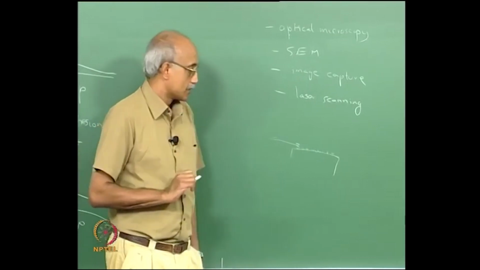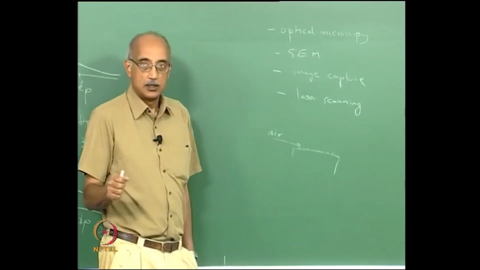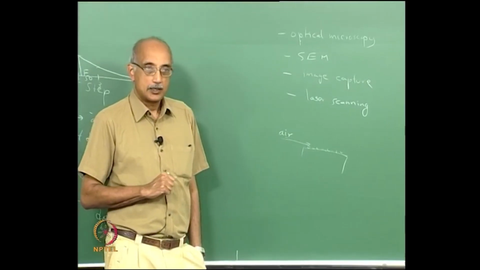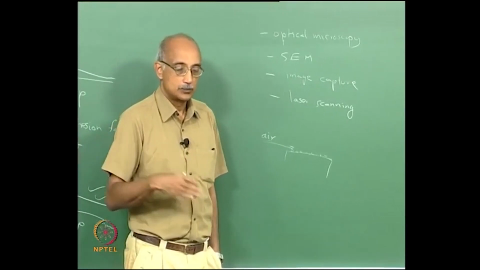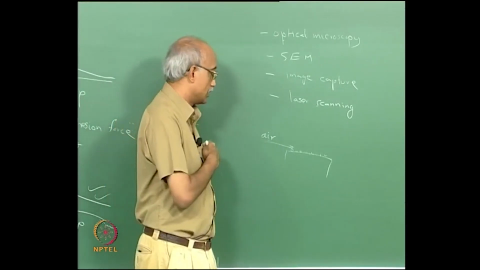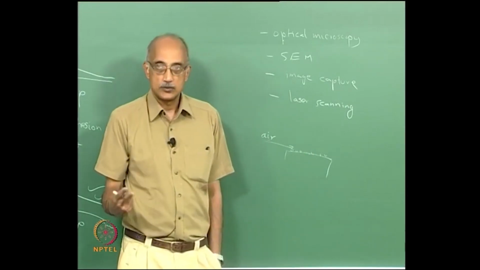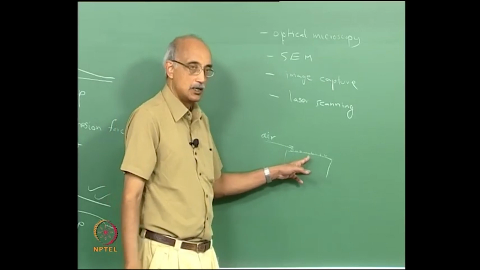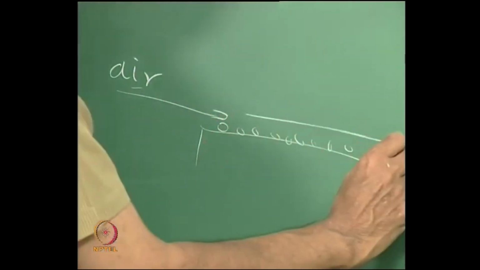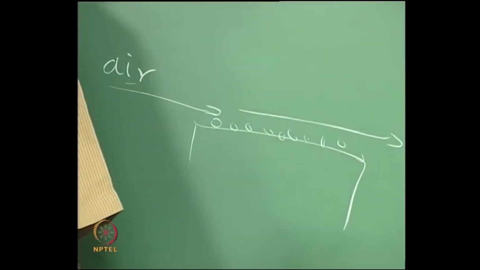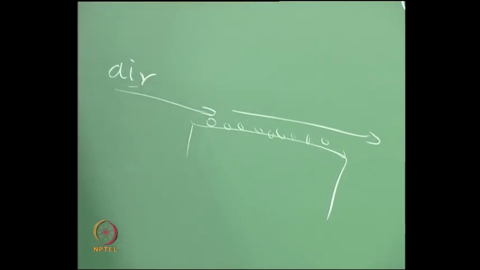Let's say that what you're doing is just taking compressed air and blowing it on the surface, and you're going to look at how many particles are removed when you have blown air for a certain period of time. Now, in order to look at the extraction efficiency, there are two ways in which you can do it. You can look at the surface before and after, or you can count particles in the air that comes out after it has passed over the surface. So it's a much more direct measure.